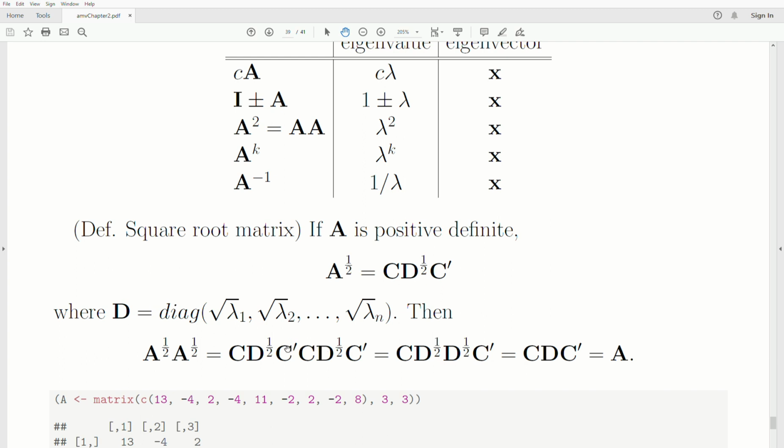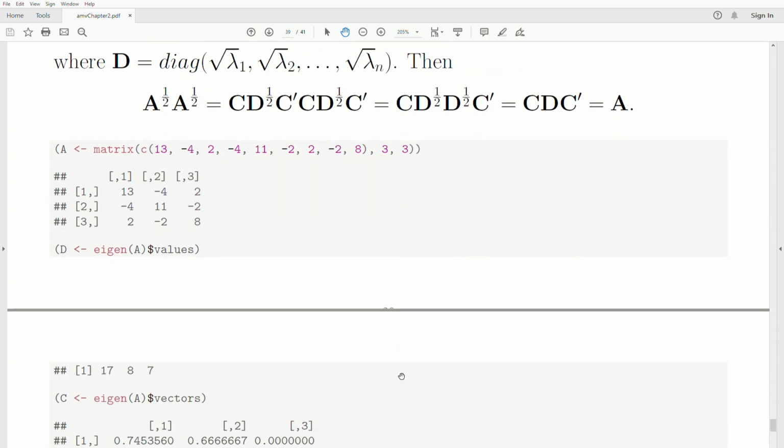They're normalized eigenvectors, so that we get the identity matrix, but the identity matrix times anything is the other thing, so it can just go away. And these are two diagonal matrices, which when multiplied together get the original D back. But CDC transpose is the spectral decomp of A, so it does equal A.